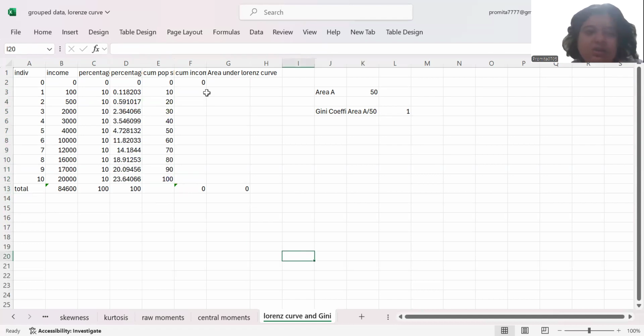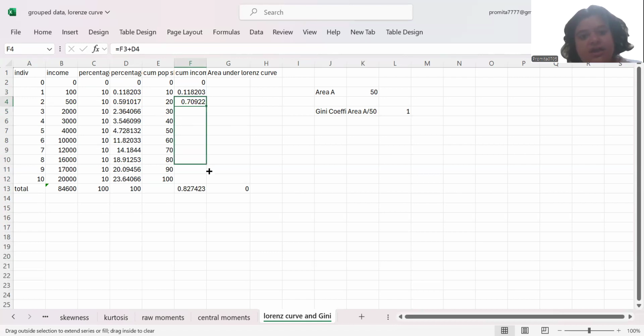Here the total does not make any sense. In the same way, we will be calculating the cumulative income share for each individual: the previous value plus the next individual percentage income share. And we add them up.